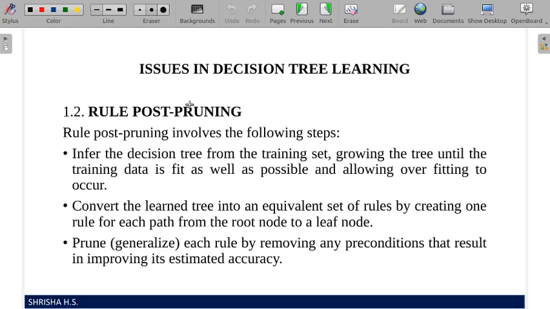Then convert the learned tree into an equivalent set of rules by creating one rule for each path from root node to leaf node. We'll see the example next. Then prune each rule by removing any preconditions that result in improving its estimated accuracy.